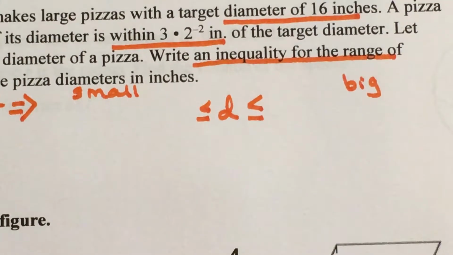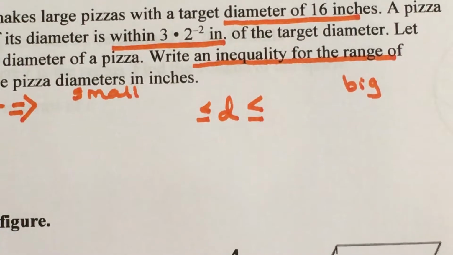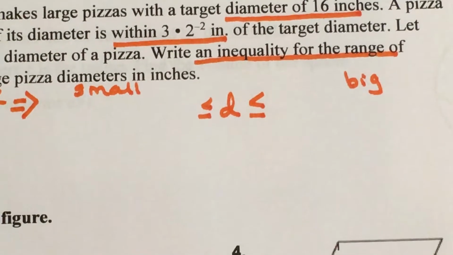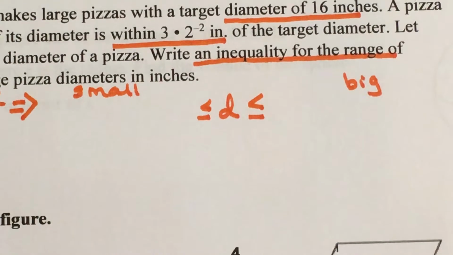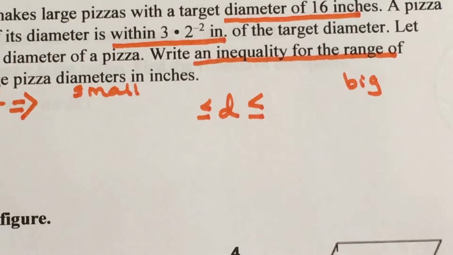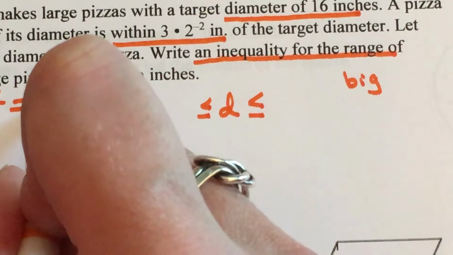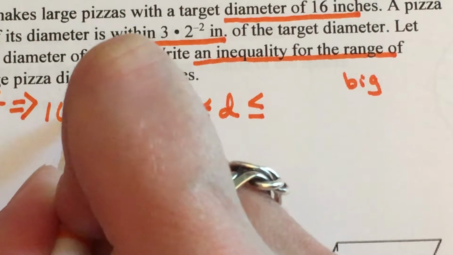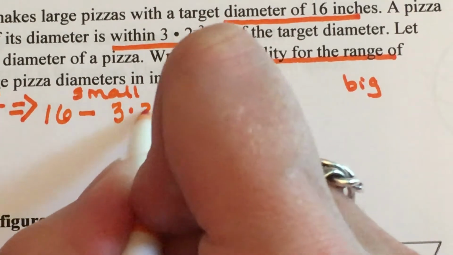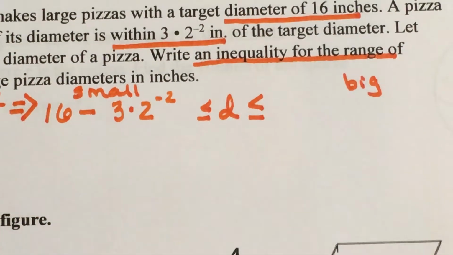These are being thrown by hand in the air. So if it's small, do you make it shrink or grow? Shrink. Good. So if you're going to make it shrink, do you add or do you subtract? Good. You subtract. So this will be my perfect 16 minus that acceptable adjustment.